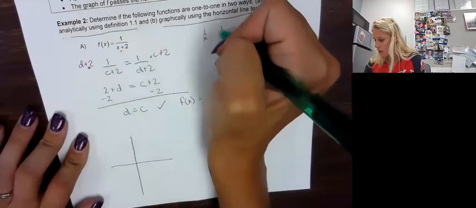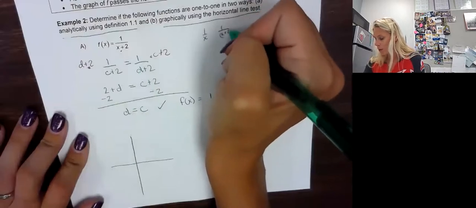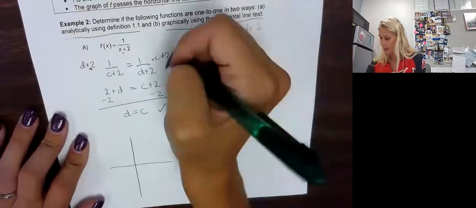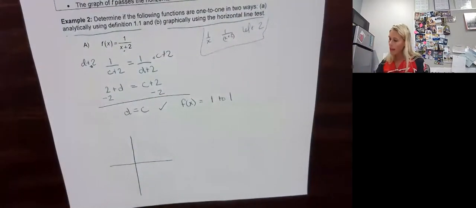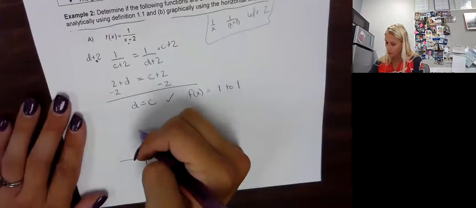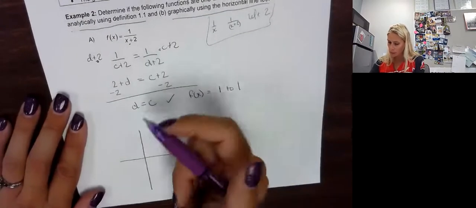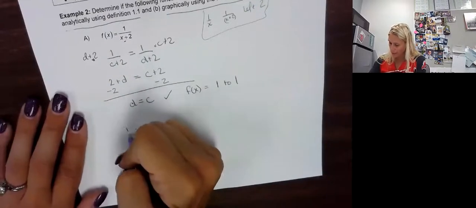So when we say 1 over x plus 2, that's on the inside, which tells us we go left 2. Okay, and this is just my side note. All right, so that means in a rational function, the parent function, we would have an asymptote at 0. But since we're moving to the left 2, my asymptote is at -2.